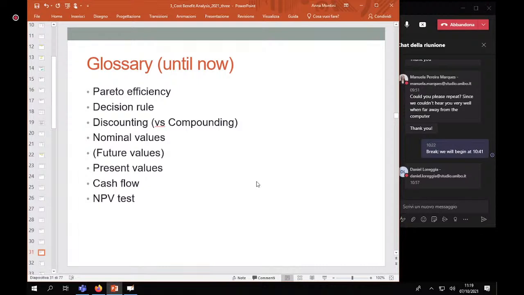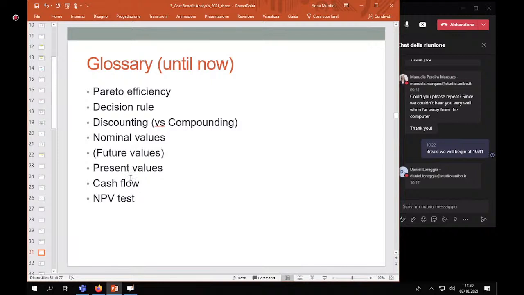Discounting corresponds to the opposite logic. We have future values, but we want to calculate present value to decide today. Okay? Nominal values are values written in my cash flow without considering the present value for them. Future values and present value, we know the difference between future values and present value.